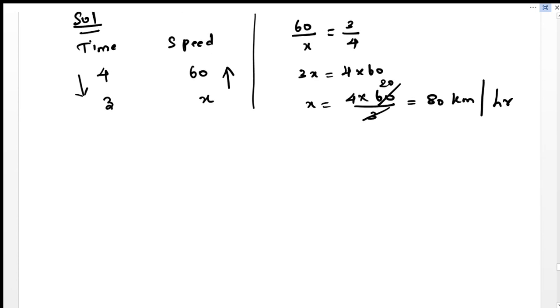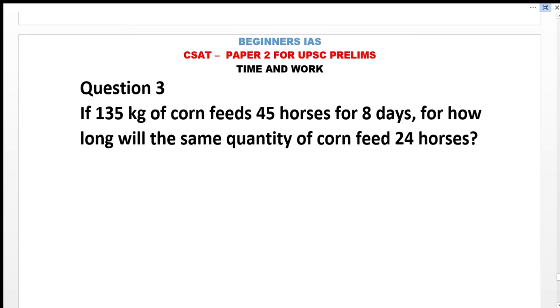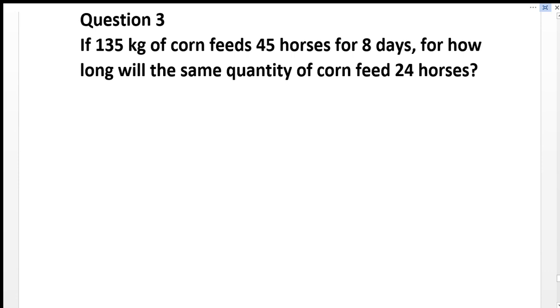So let us move on with another problem. If 135 kg of corn feeds 45 horses for 8 days, for how long will the same quantity of corn feed 24 horses? We have to apply the same logic using the same arrow method, which is a very simple method.